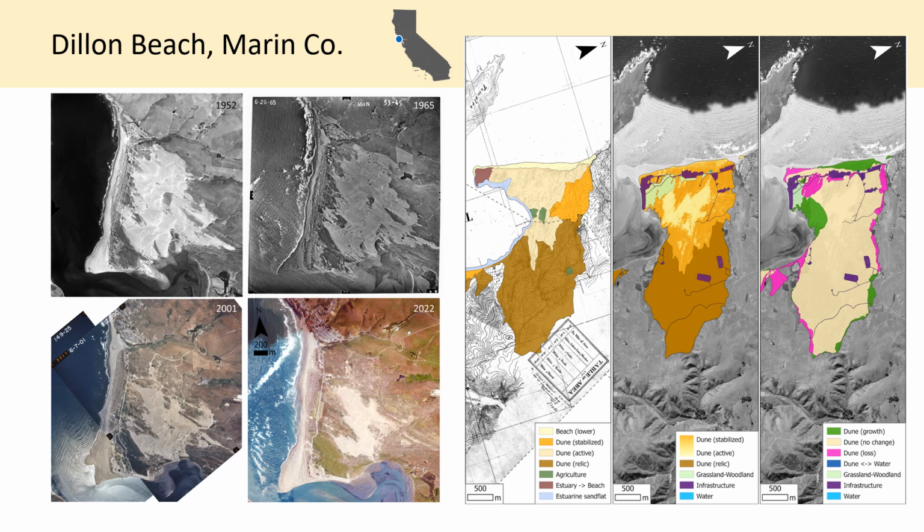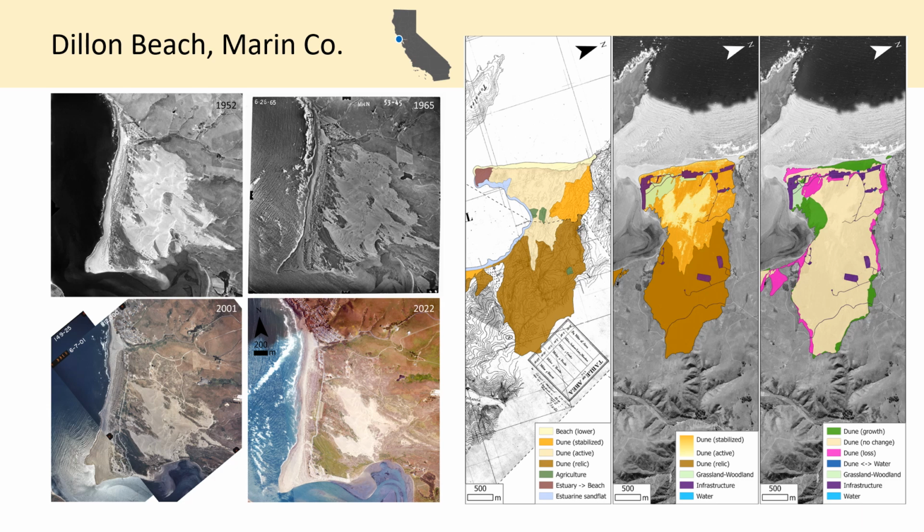This is best shown in these historical aerial photographs from the area, which show the gradual encroachment of European beach grass, an invasive species that was deliberately planted here to stop sand migration into roads and campgrounds in the region.